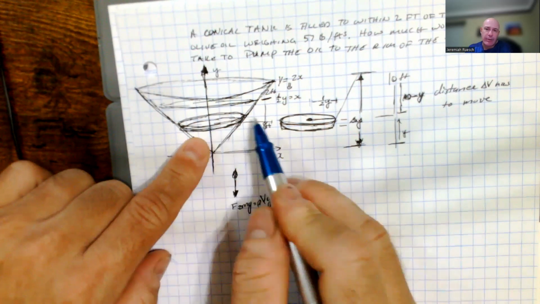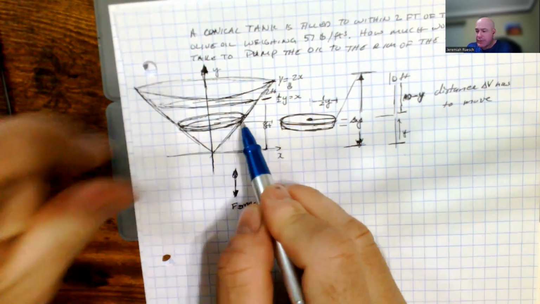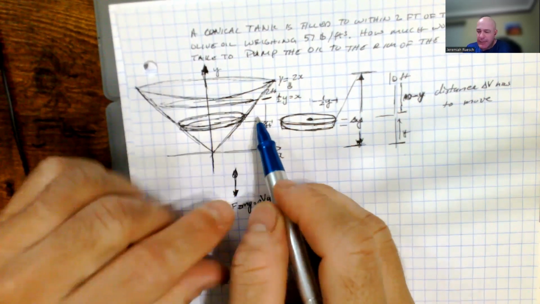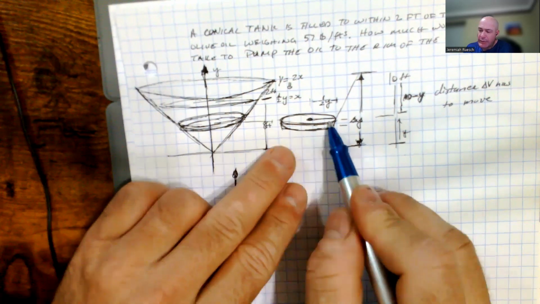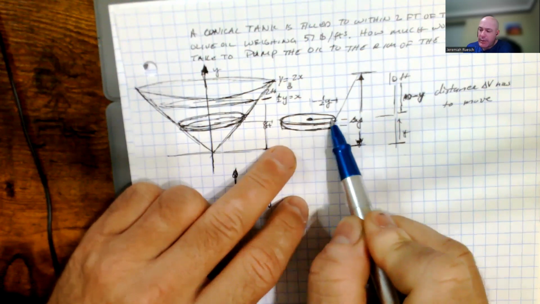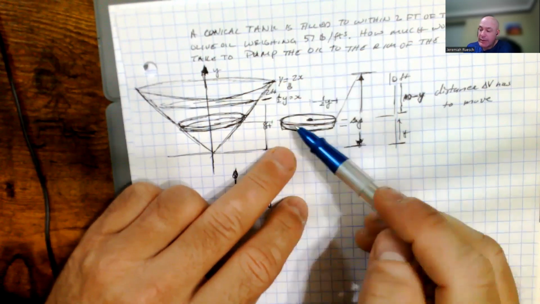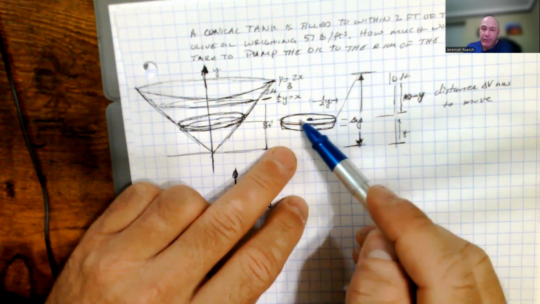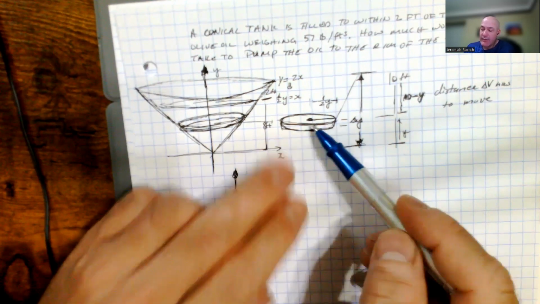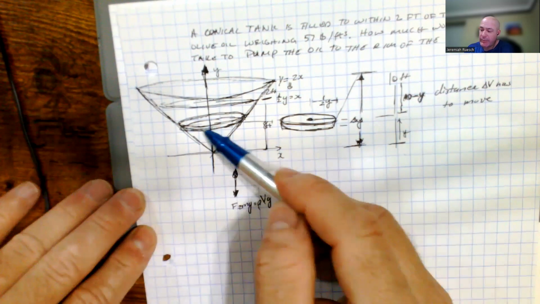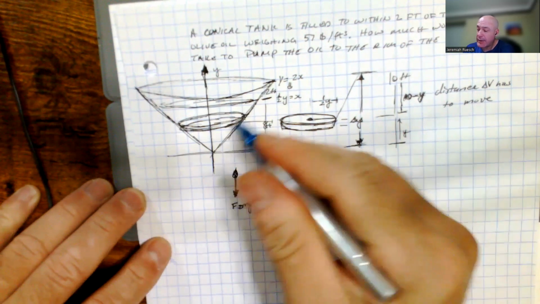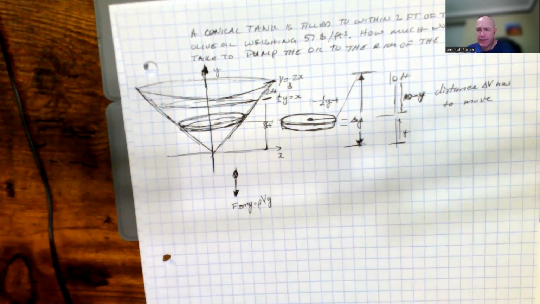And because of the geometry of the problem, if we make our vertical height an infinitesimal amount, an infinitesimal height, what we find is that we're going to have a bunch of these little cylinder-looking things. Assuming a uniform density, of course, we can figure out the force of gravity acting on this volume, and then we can figure out what it will take to move this infinitesimal disk of volume from this position up to the rim of the conical tank. Okay, so that's the thinking or the idea behind it.